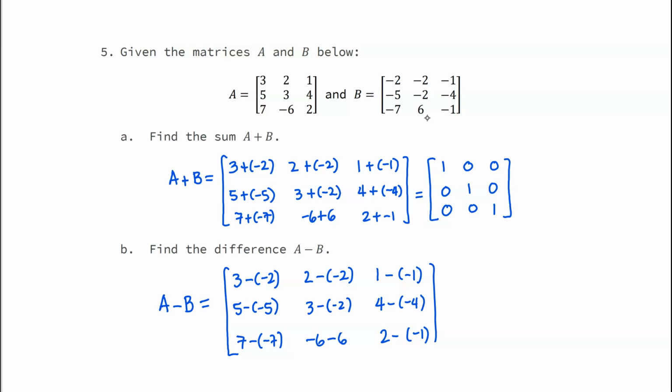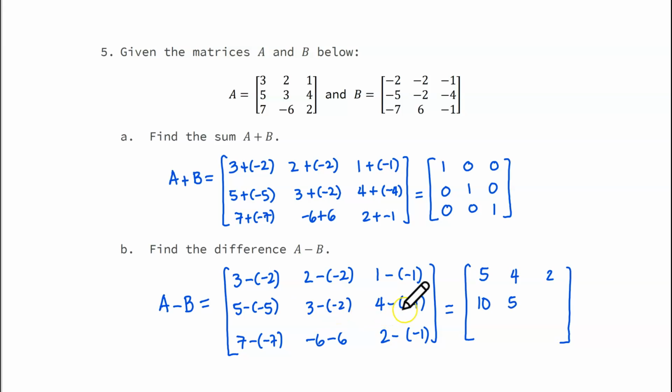Then you simplify. So 3 minus negative 2 is 5. 2 minus negative 2 is 4. 1 minus negative 1 is 2. 5 minus negative 5 is 10. 3 minus negative 2 is 5.